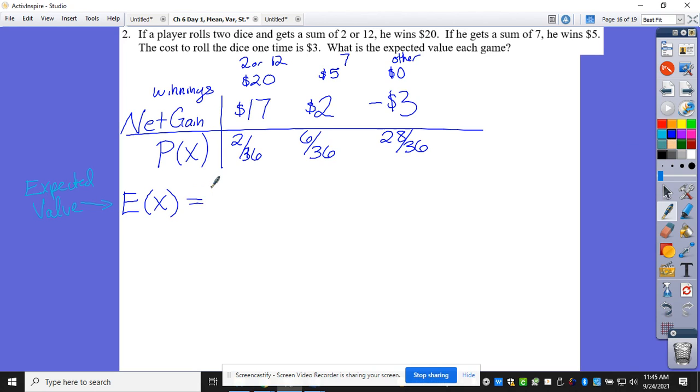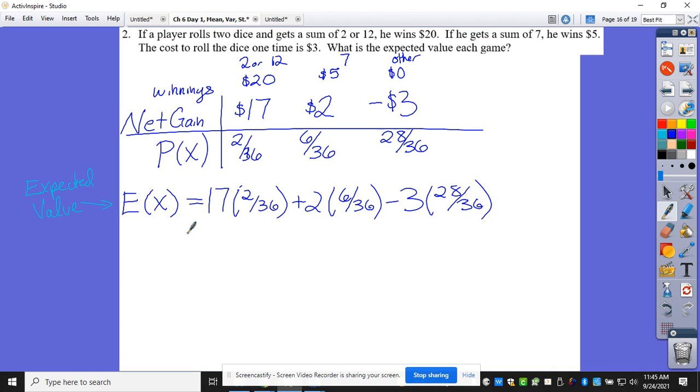So now 17 times 2 out of 36 plus 2 times 6 out of 36 minus 3 times 28 out of 36. And usually if it's something like this, I'm probably not going to take my time to do a table for it. I think it would be more time consuming to make the table, but that's totally up to you.